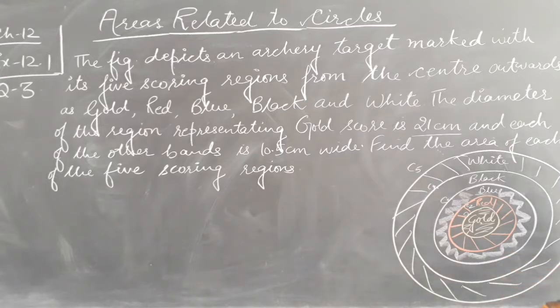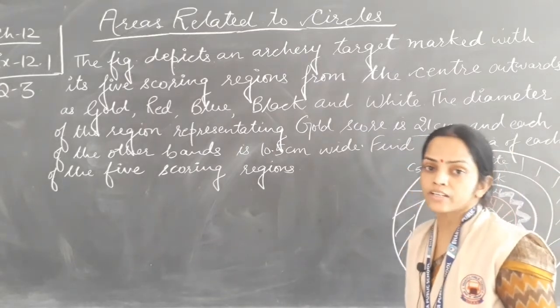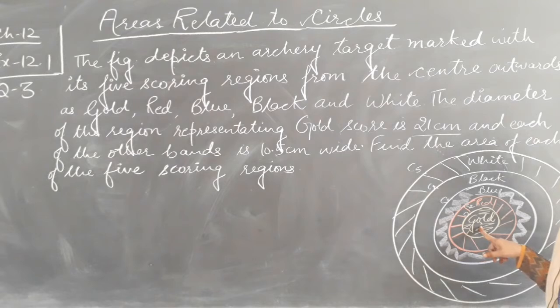So as we know that we have 5 circular regions here, that means we will have 5 different radii for each circle, right? So we will label them as R1, R2, R3, R4, R5 because all the 5 circles have different radii but center is same. That's why they are concentric circles.